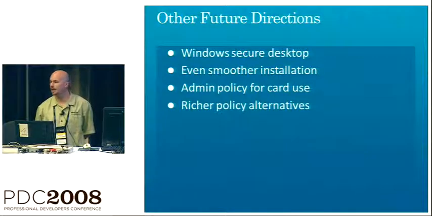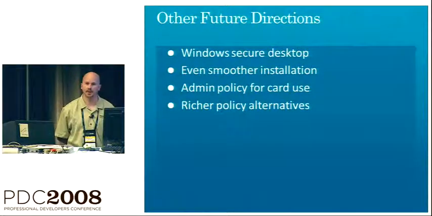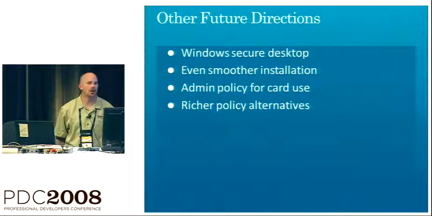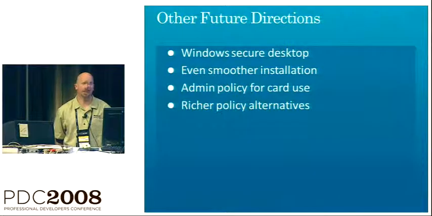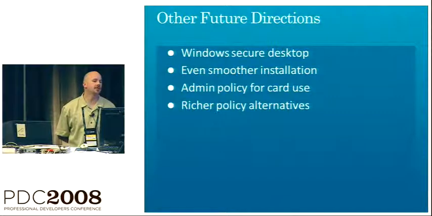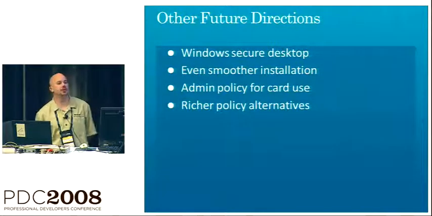We want a download and install experience that's at least as smooth and quick as, say, a Silverlight download and install experience. So it's easy to get and deploy CardSpace on client machines without interrupting the flow and without having the user savor the experience. In addition, we're looking at things like admin policy for card use.